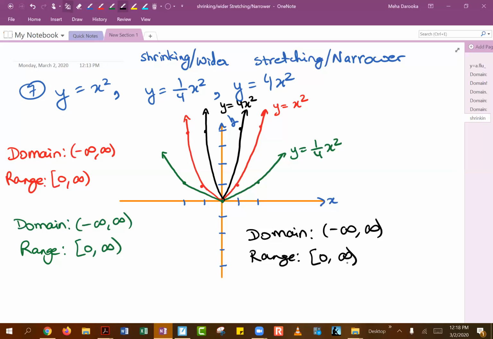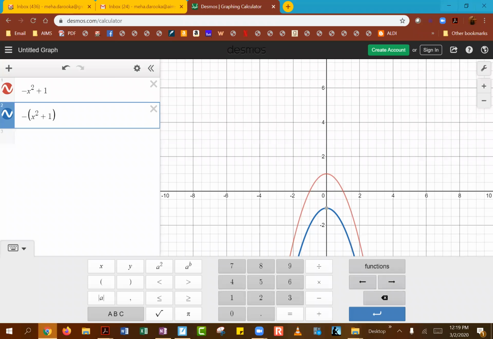Yours looks like a V too. Does it? Mike? Don't make fun of my graph. He says, "Mom, he just looks skinny." Yeah, on the test you can do that too. Make fun of my graph. Justin, are you still graphing? Okay. All righty. Do not make fun of my graph.